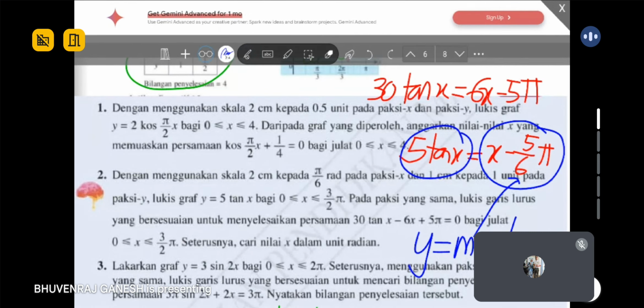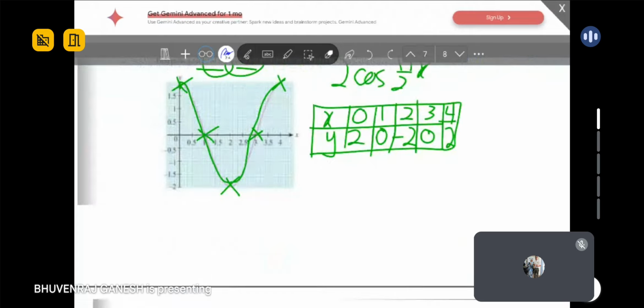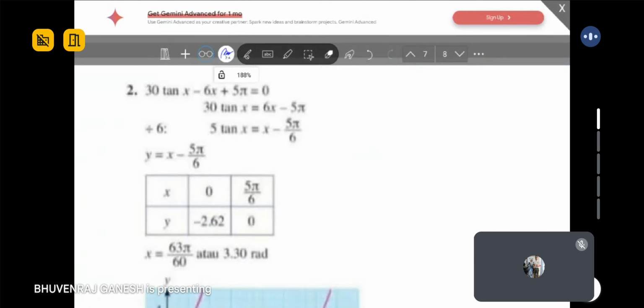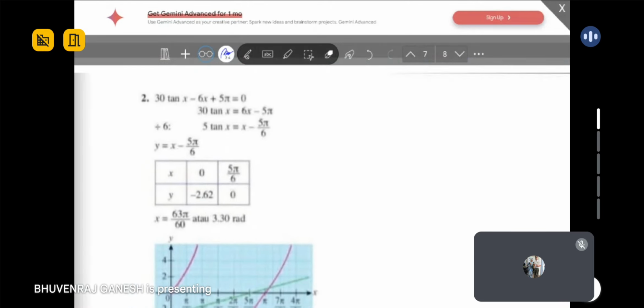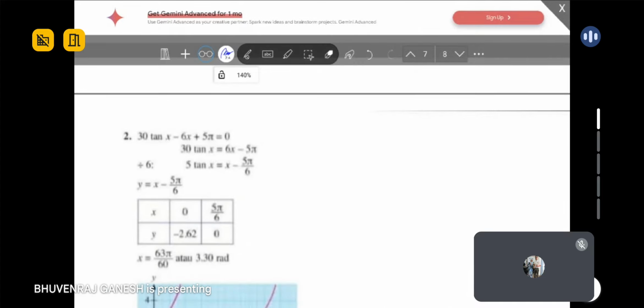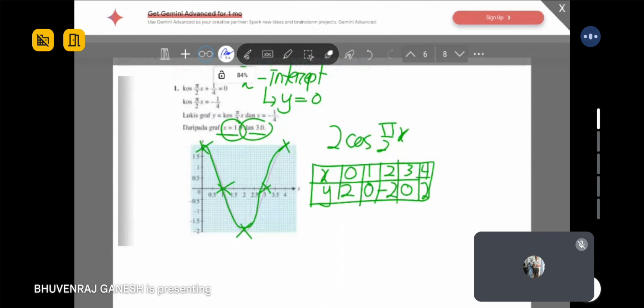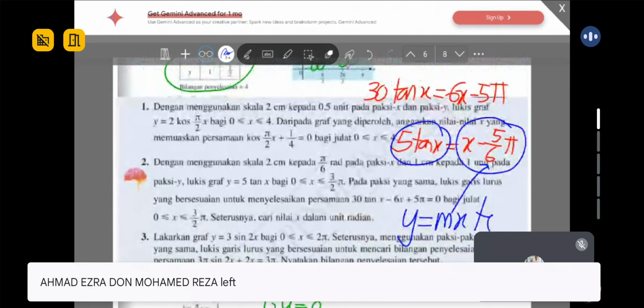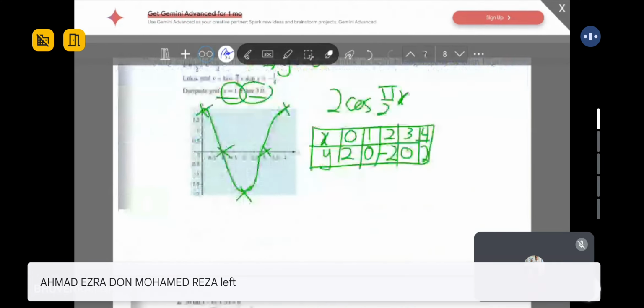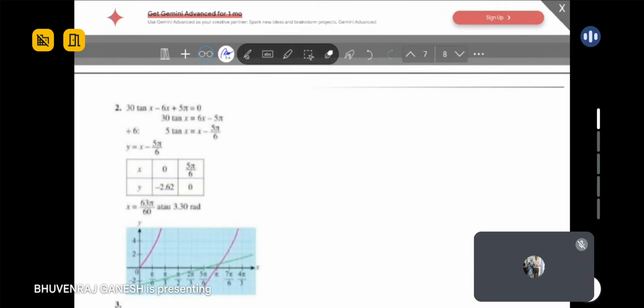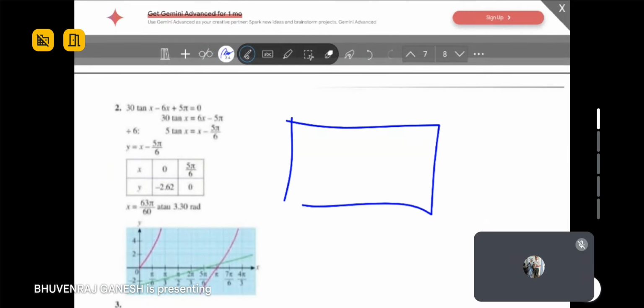You must just draw the graph. So how to draw? Again, use the concept of the table. Guna jadual nilai sahaja. So the range is 0 until, wait, did the question tell the range? Yes, 0 until 3 over 2 pi. So you just need to draw the table, lukis jadual.